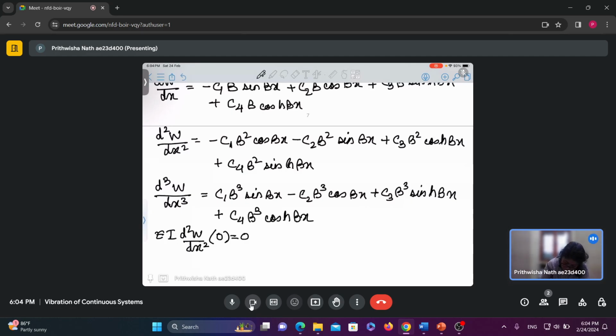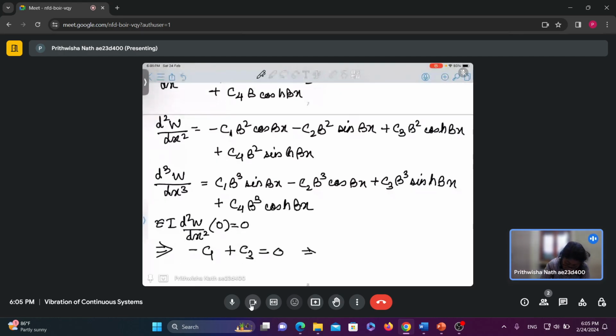If I substitute 0 here, I get minus C1 plus C3 equals 0. This implies that C1 equals C3.